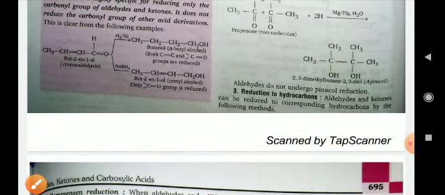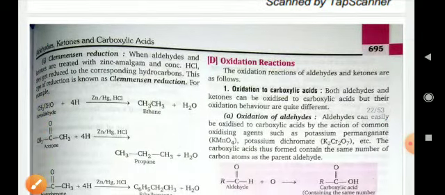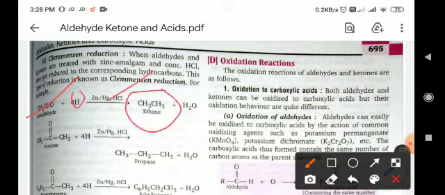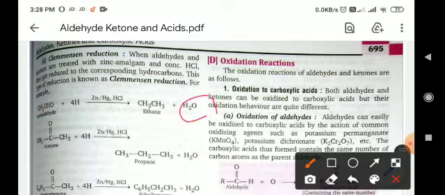Next, reduction to hydrocarbons, meaning aldehyde will reduce to hydrocarbon. How? When acetaldehyde reacts with 4H and zinc amalgam, it gives ethane. What happens here? R C double bond O, again you can watch CH3 C double bond O H. As we know, in reduction oxygen will be removed and hydrogen will be added.